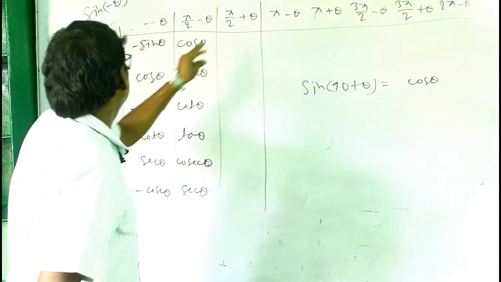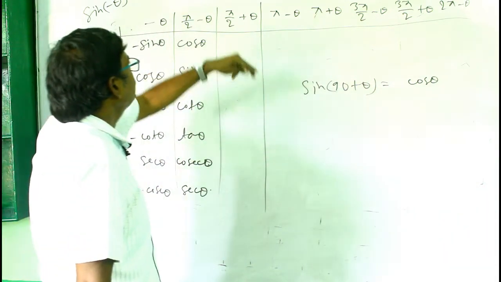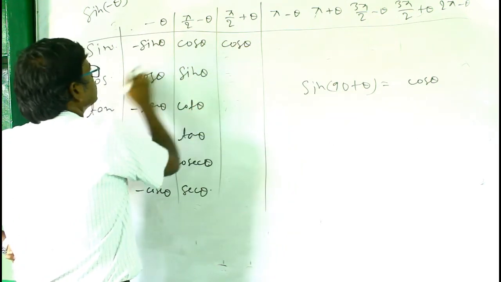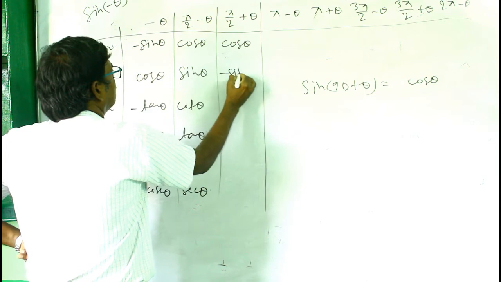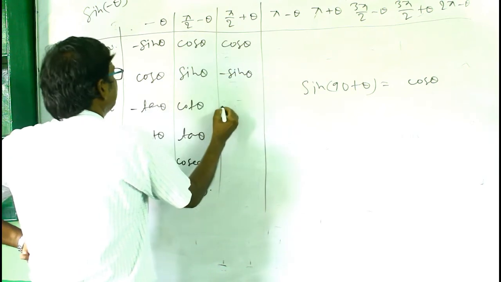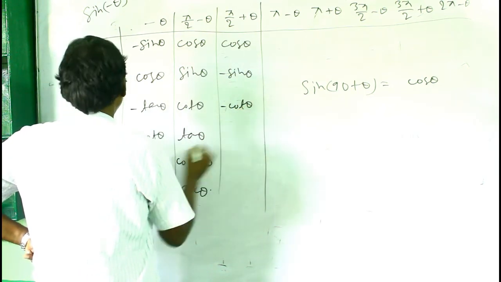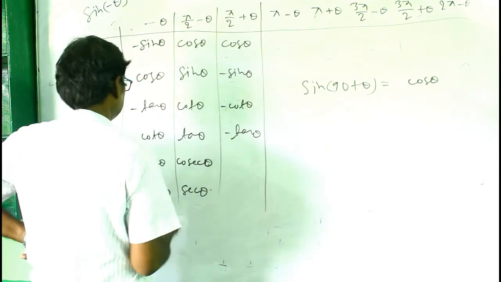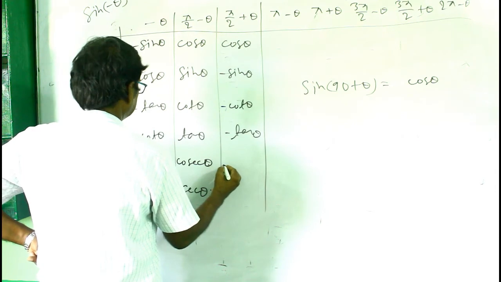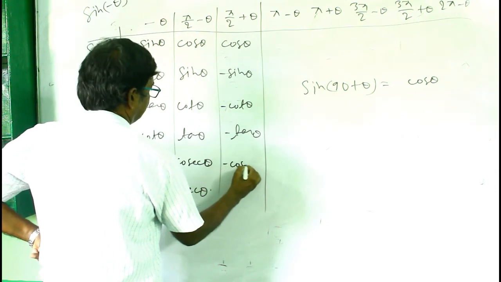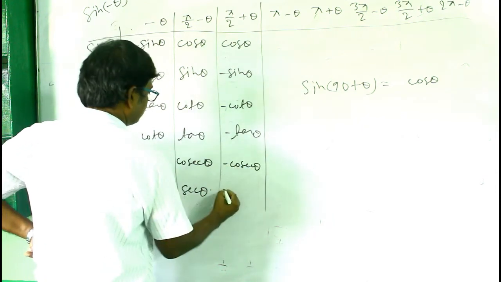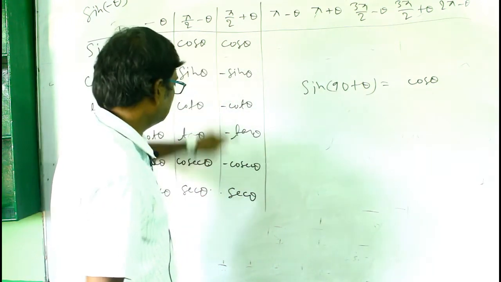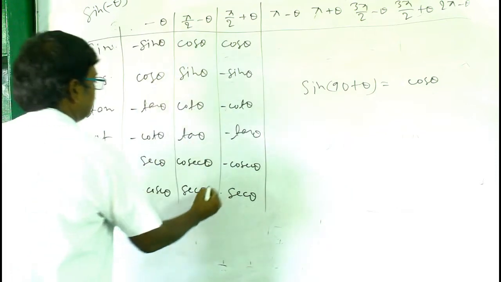So here we will write sin pi by 2 plus theta equal to cos theta, and cos pi by 2 plus theta equal to minus sin theta. This will also be minus cot theta, and this will be minus tan theta, and sec will also be minus cosec theta, and cosec will be equal to sec theta. It will be positive. So here cos and sec will be positive, and others will be negative here.